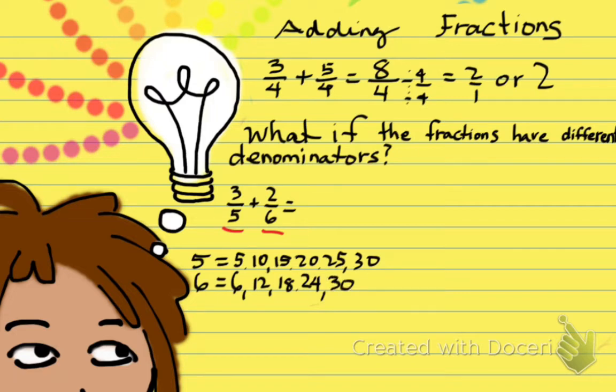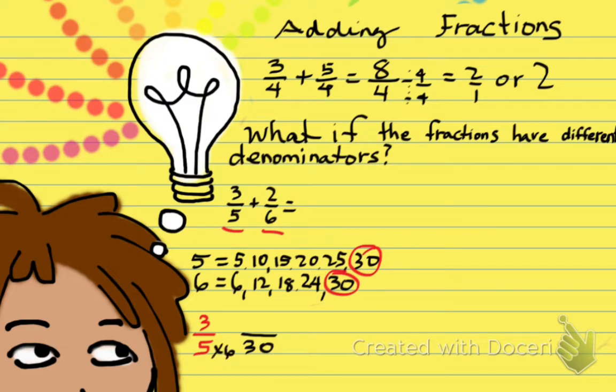And we have our common multiple, the least common multiple, which is 30. So our common multiple is 30.